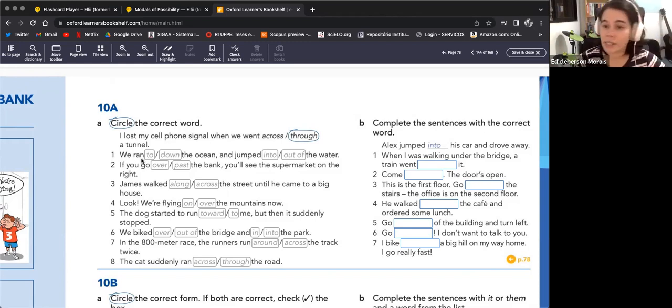Desce ladeira, desce montanha. We ran down the stairs, ok? Tipo quando você desce ou quando você sobe, certo? No caso up, para quando você sobe. So, in the sense of para, we ran to the ocean, okay?